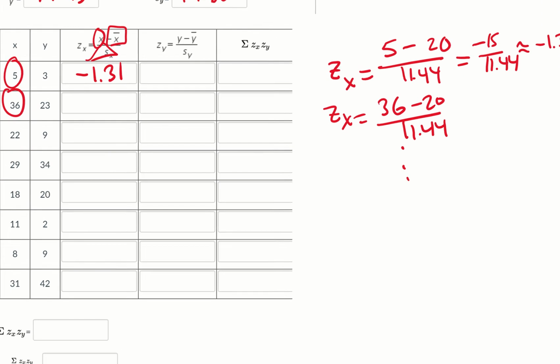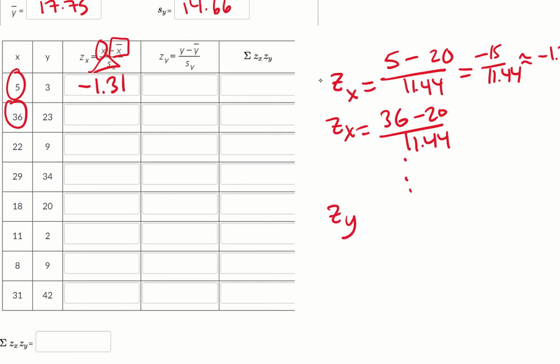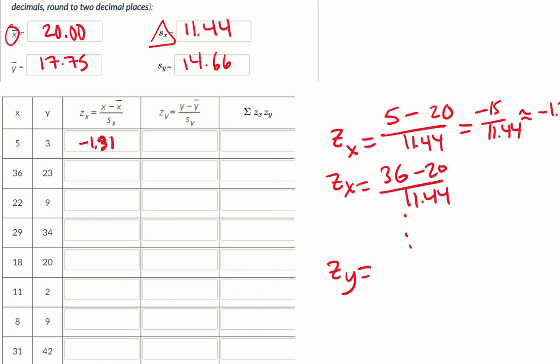Now let's go ahead and show you how to do ZY. So ZY is Y minus Y bar over SY.